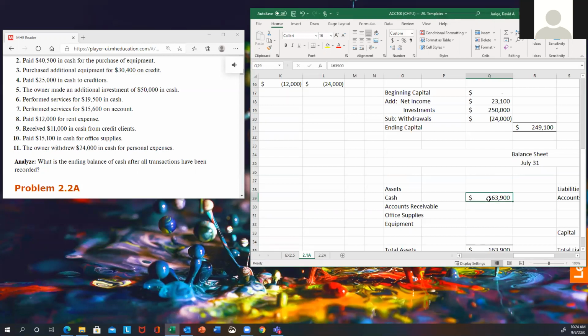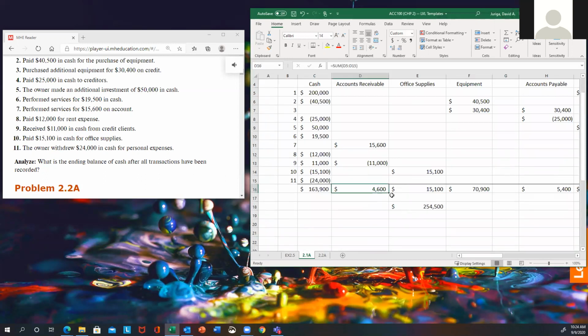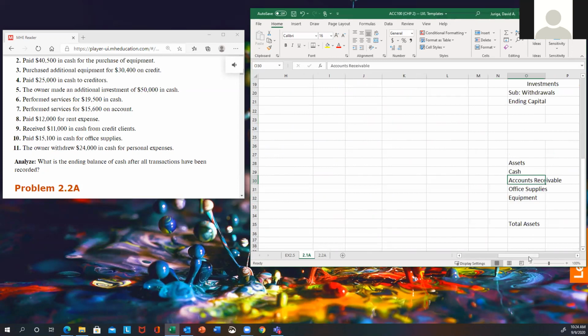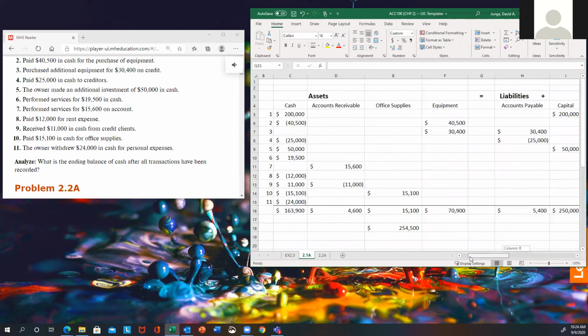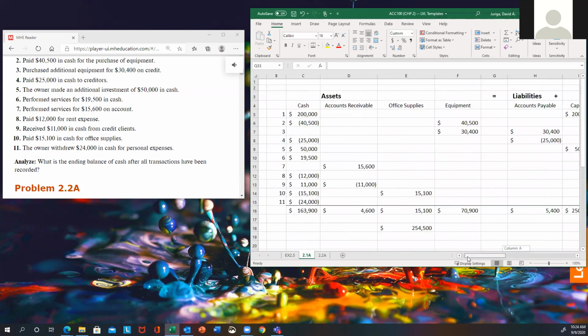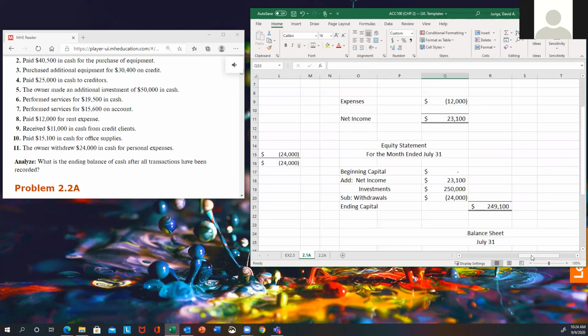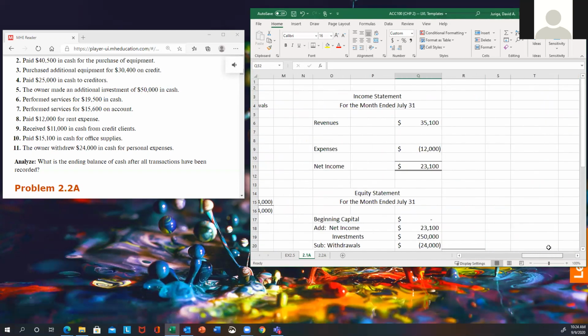Our accounts receivable looks like it's $4,600. My office supplies looks like it is $15,100. And then finally, the equipment, which is $70,900.